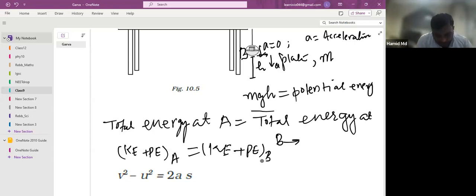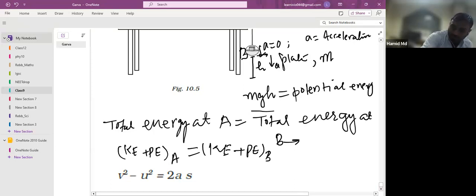So the change in potential energy at B will make a change in kinetic energy at A, right? Any doubt? So now we have this equation.